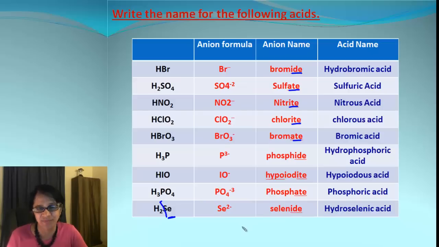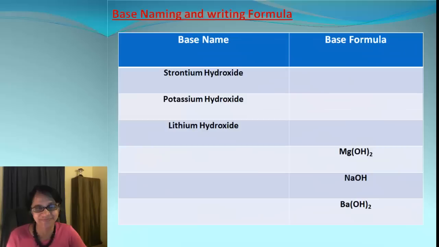Selenium can be used as a negative ion, an anion. In that case, we call it selenide. And then the acid becomes hydroselenic acid, because it's ending with ide, so it's hydro-selen-ic acid.